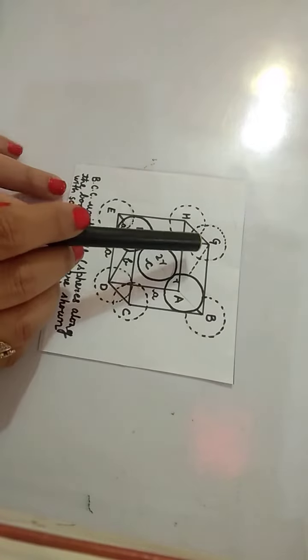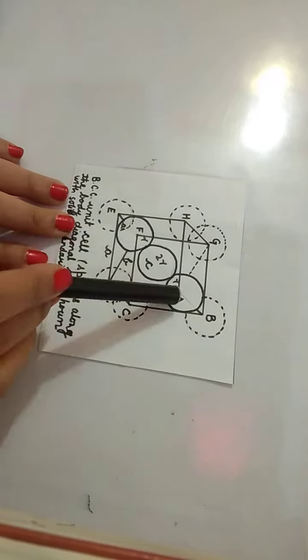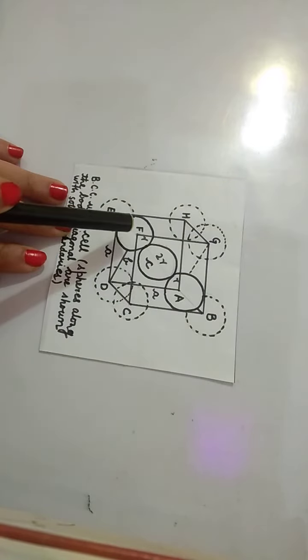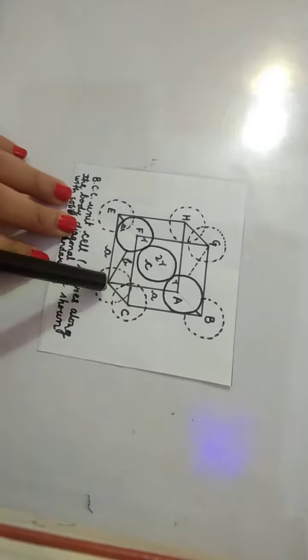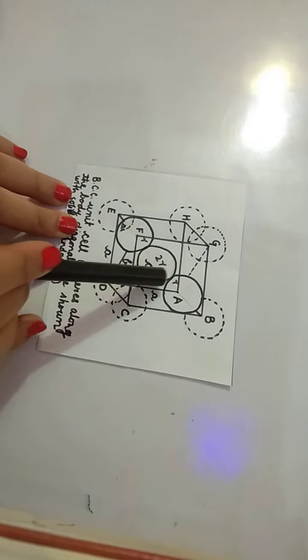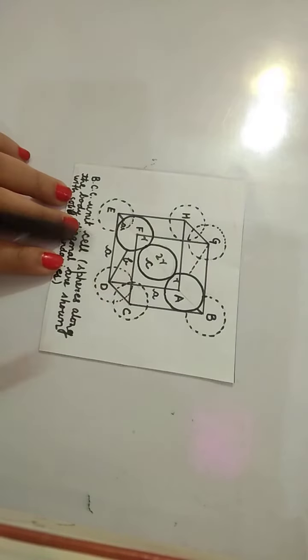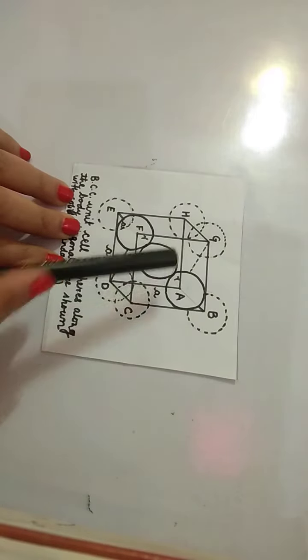BCC structure, then in this you can see that the atoms are arranged at the 8 corners 1, 2, 3, 4, 5, 6, 7, 8, and one atom is present at the center of the body, that is this one you can see.